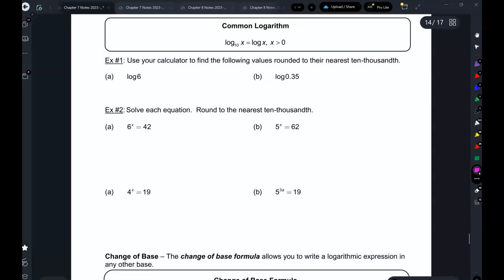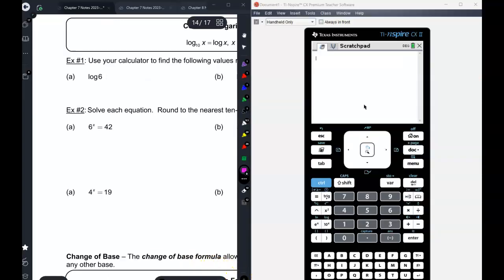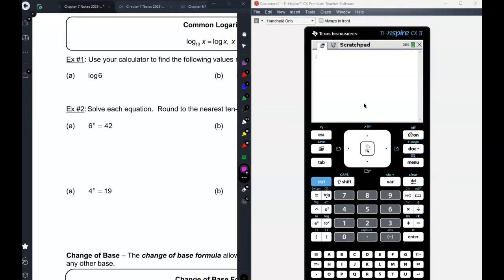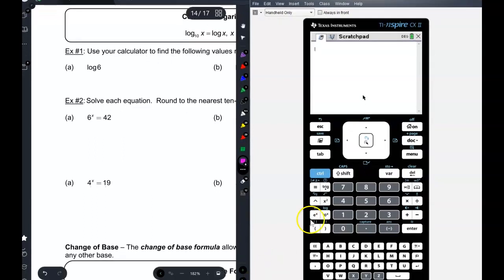All right, so let's use our calculator to find these values rounded to 4 decimal places. In the calculator, the log button is right over here. So I say control, and the number to the left of the 1 is the log button. I'm not going to put anything for the base, so I just press the right arrow to put in a 6.